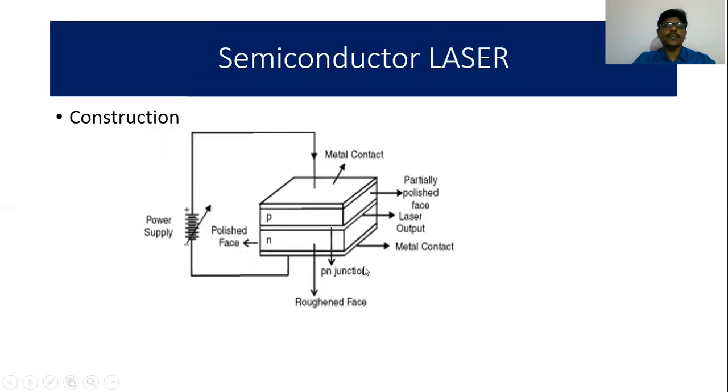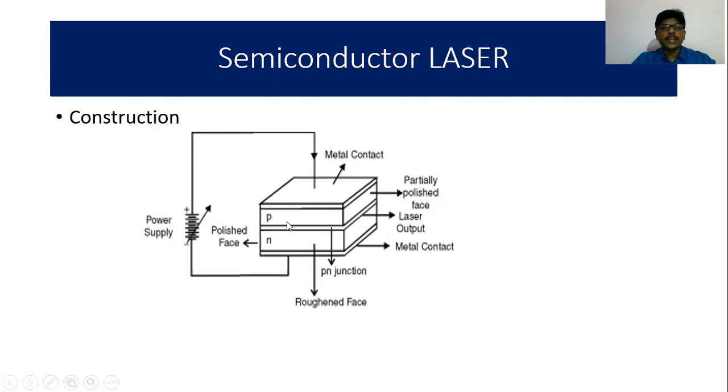This is the picture of a semiconductor laser. We have got the p-type material and the n-type material, and the junction lies in between. Then we have got metallic contacts at the top surface and at the bottom surface, and the p-n junction is forward biased.